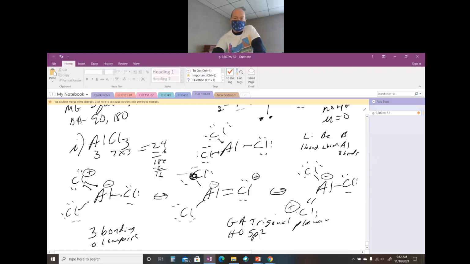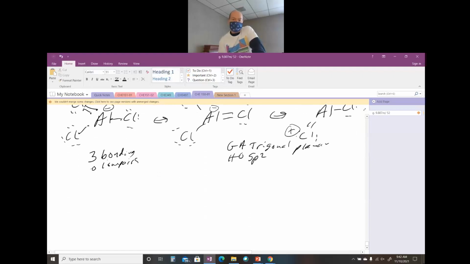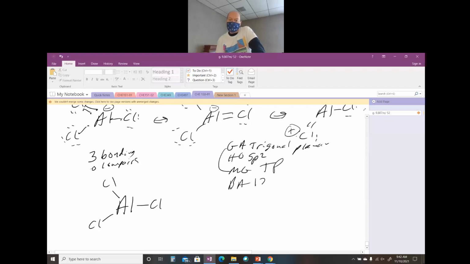Then you draw it in 3 dimensions. It's already drawn in 3 dimensions because it's planar. All right, so if you want to write it out so that you show it is as close to a 120-degree bond angle as possible. All right, so molecular geometry, since there's no lone pairs, it is still trigonal planar. Your bond angles are 120.